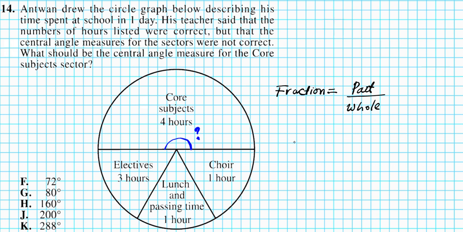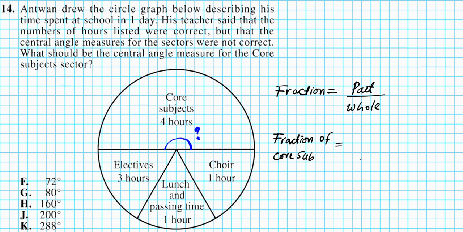Okay, so let's represent that with an equation. Fraction of core subject is basically equal to the time for the core subjects over the entire time.